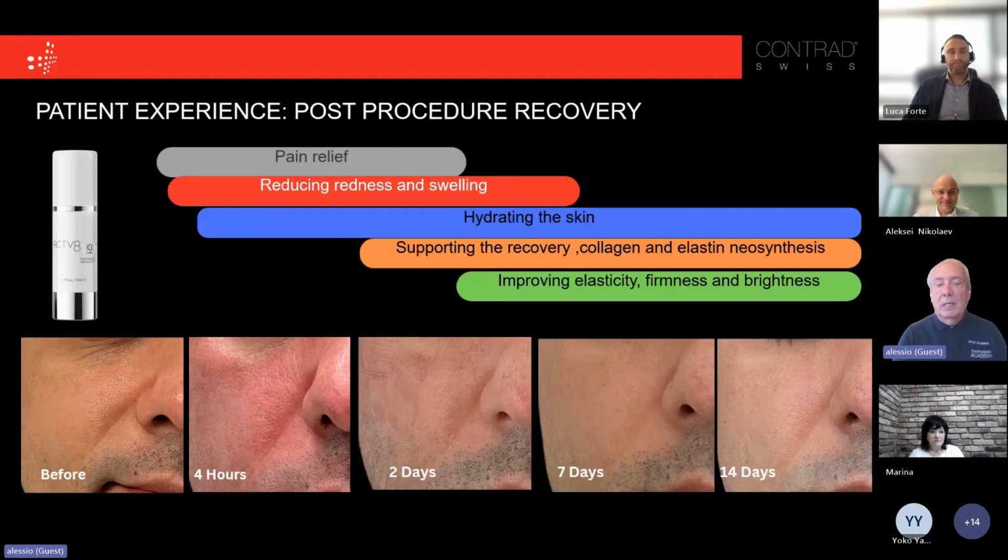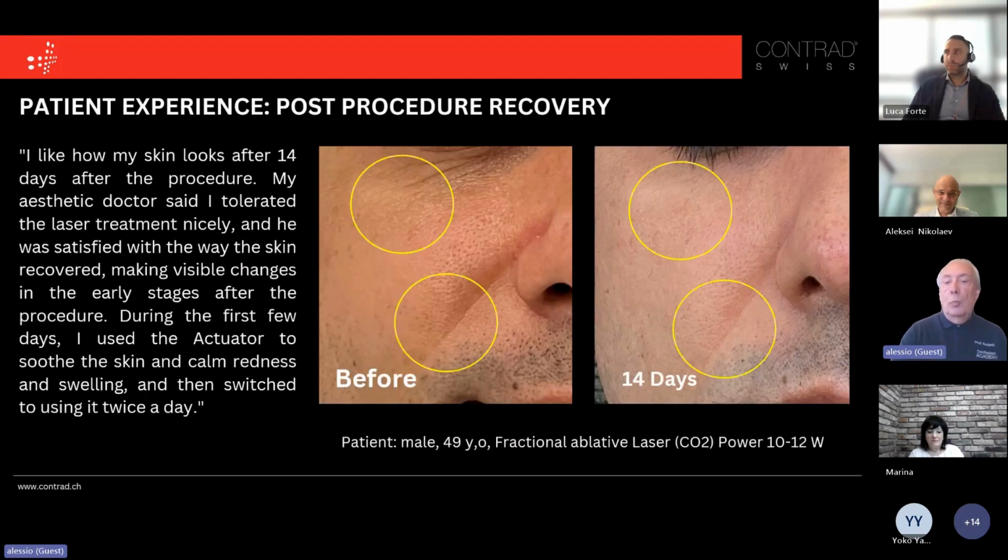And so the patient experience that my patient told me was pain relief, reducing redness and swelling, hydrating the skin, and improving finally elasticity, firmness, and brightness. That is the most important detail that I saw. Also, the open pores reduced, and after 14 days, you can see the macro photography, and this is what the patient told me after the treatment.